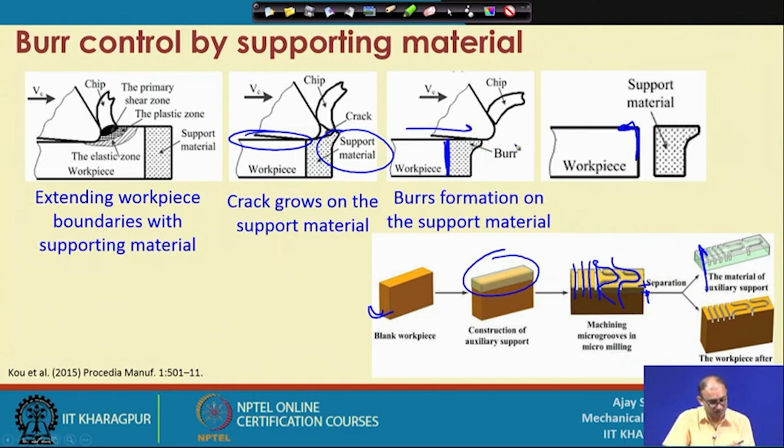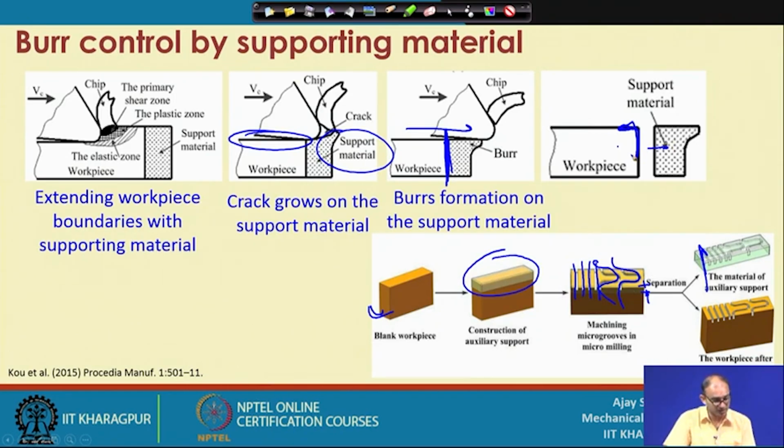Whenever there is a relative motion between the tool, the workpiece and this supporting material, there is a chance of delaminating this supporting material. So, you have to find out which mechanism you are using for gluing or fixing this supporting material to the workpiece, and once the machining is over, it should be removed without creating problems for the workpiece.